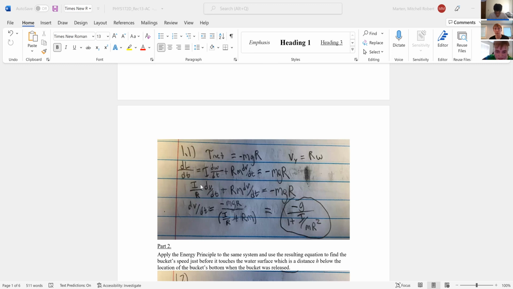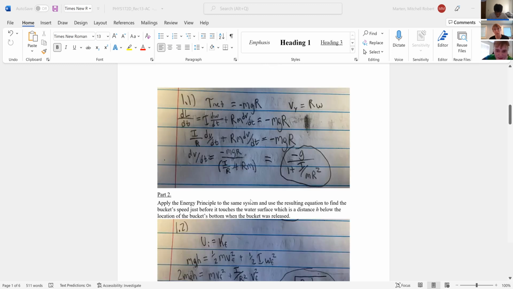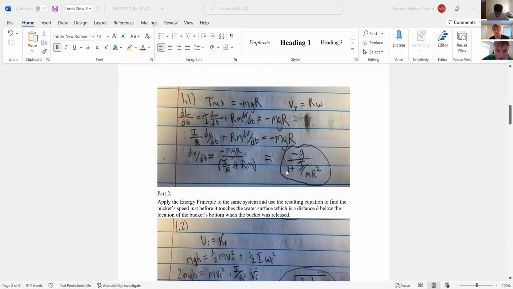So you set I times d omega over dt plus rm dv over dt equal to negative mgr, because we know that dL over dt is equal to the net torque. Then if you divide I by r, that turns the omega factor into velocity, and you can combine like terms and solve everything out. So dv over dt is equal to negative mgr over (I over r plus rm), which is negative g over 1 plus I over mr squared. Did you guys get that? Yeah, I think so. Okay.